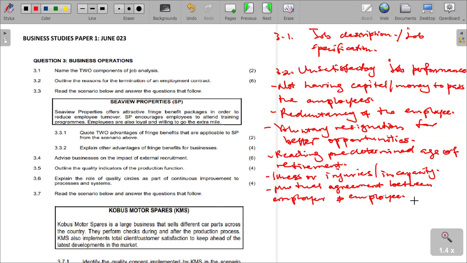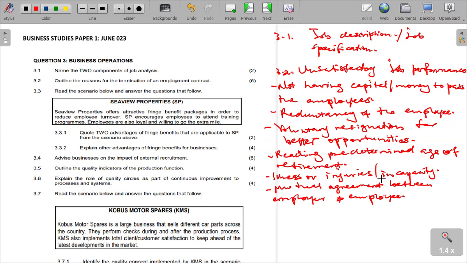3.3, read the scenario below and answer the questions that follow. We are given here Seaview Properties. SP offers attractive fringe benefits packages in order to reduce employee turnover. SP encourages employees to attend training programs. Employees are also loyal and willing to go the extra mile.